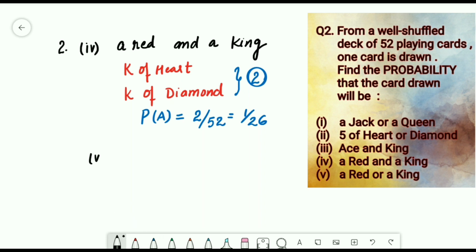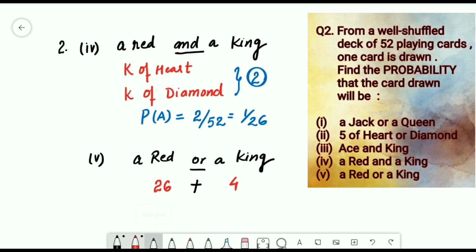Now the another one is, fifth part is a card, a red or a king. They are similar, but here we have used word and here we are using or. Or means we have to add them. Okay, now we know total we have 26 red cards and 4 king, but we have already included 2 king in this, which is king of heart and king of diamond.